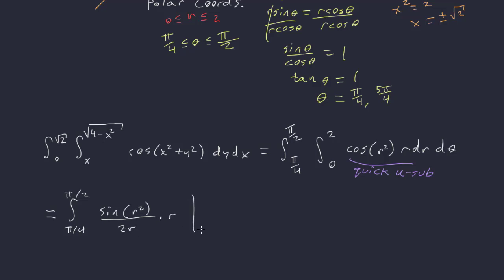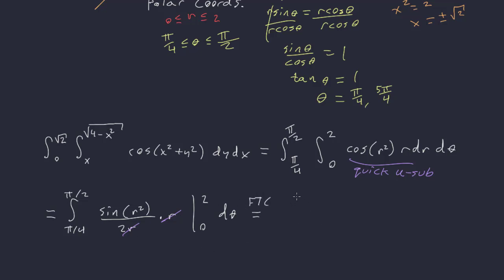Then we'll have r. We're going to evaluate this from 0 to 2. Well, the r's will cancel, and again, that's how you know that your quick u substitution worked. If the original stuff doesn't cancel away, you haven't done it right. Now, you can leave a constant, but the variable stuff should disappear.